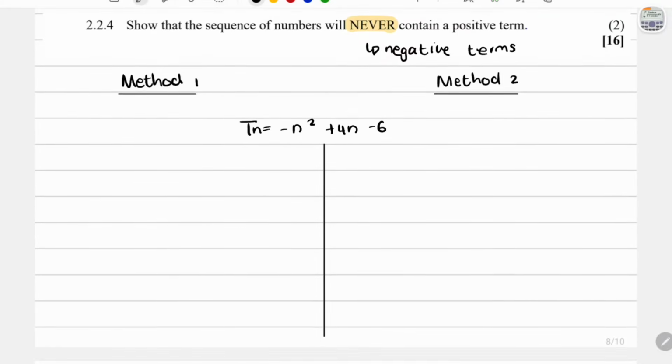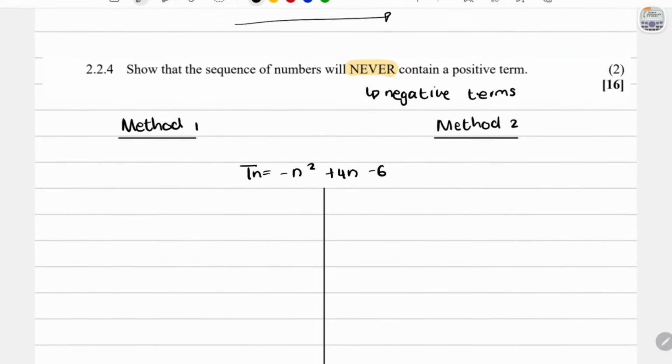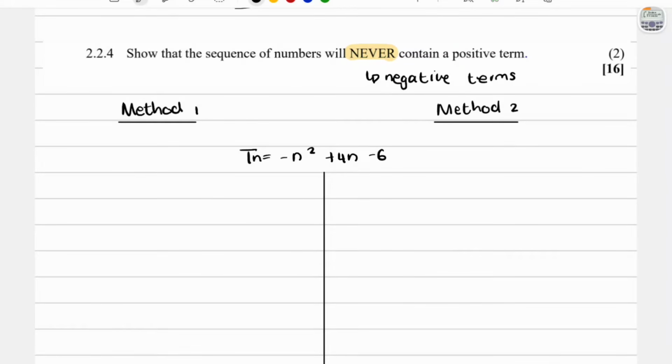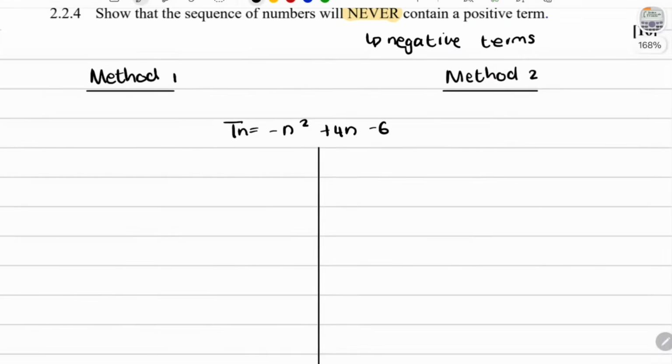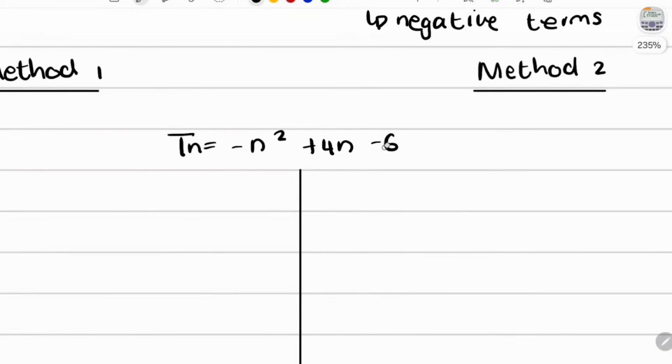So the first method, we're focusing on really just, let's call it, the arithmetic of it. We're looking at the way the numbers look and what creates a positive number and what creates a negative number. That's really what we're going to look at here. So in the first method, I need to show them that it's always going to be negative terms. So I can take advantage of the fact that this is a quadratic expression.